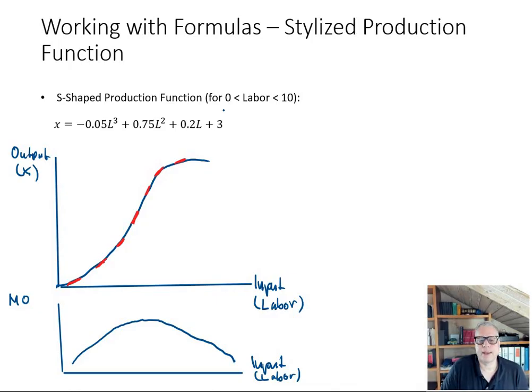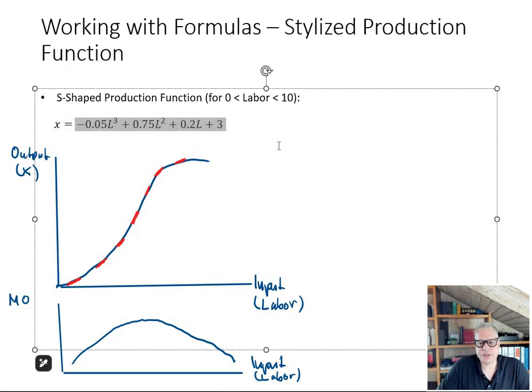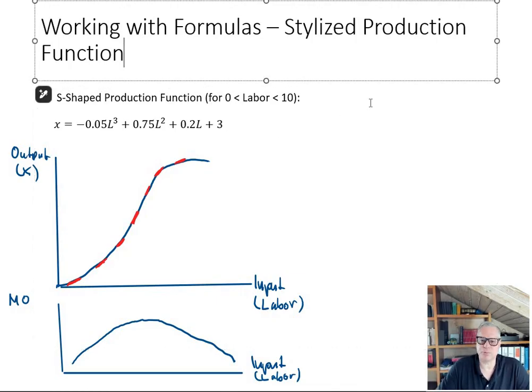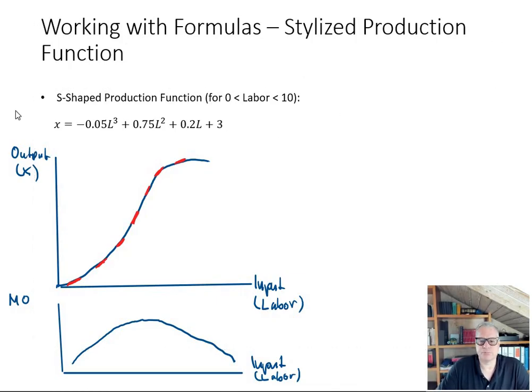So again, we have here an example, and what we do is we'll just draw it in Excel quickly. Again, this function here might be the result of an empirical estimate. Maybe we have observed a certain production function where we look at output as a function of labor, and this is what we got.